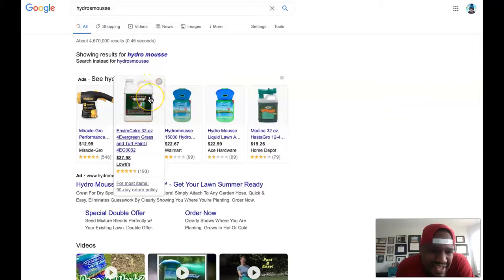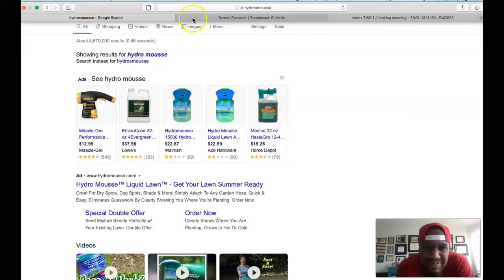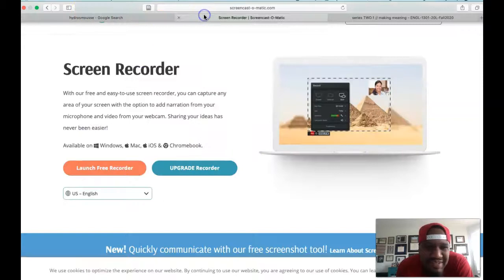So I have a lawn that is not very green, and I've tried everything. So I was looking at how I can paint the grass in my lawn greener, and this Hydro's Moose evergreen grass turf paint is what I'm going to end up buying because the Hydro's Moose only has 2 stars. So anyway, that's why that tab is up. Probably should have closed it.